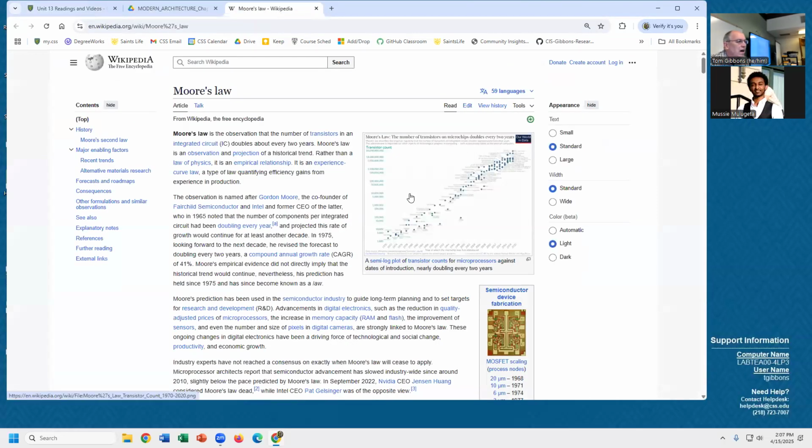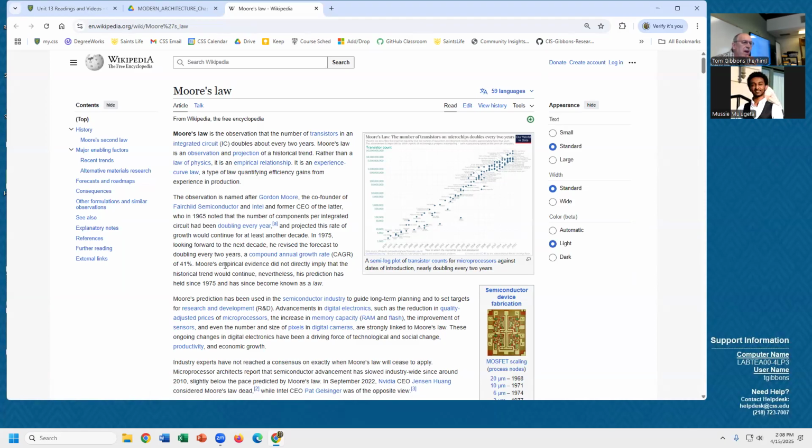Moore's law is named after Gordon Moore, who was at Intel in the 1960s, and noticed that every 2 years or so, the number of transistors they could pack onto a chip was doubling, and predicted that that would continue going forward. He forecast doubling every 2 years.